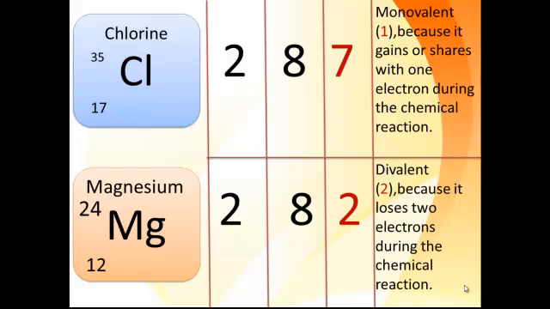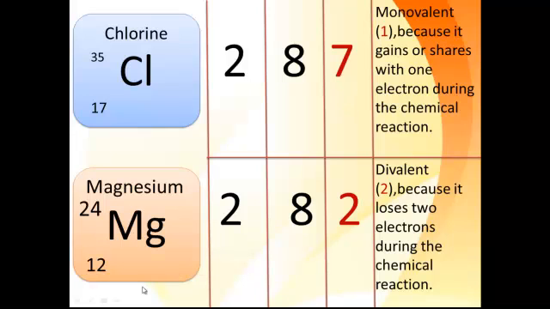The outermost energy level of chlorine consists of 7 electrons, so the chlorine atom tends to gain 1 electron during the chemical reaction and change into a negative ion. So we can say chlorine is monovalent. Monovalent means chlorine tends to gain or share an electron during the chemical reaction.